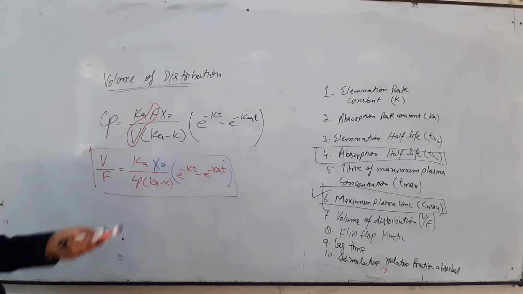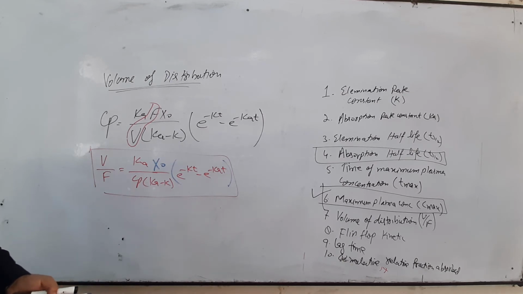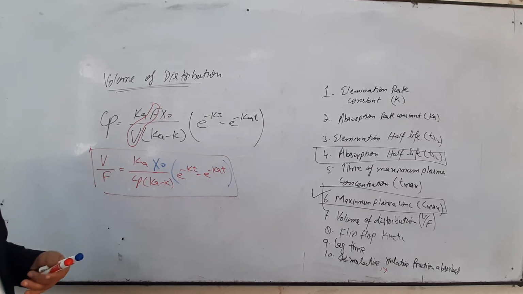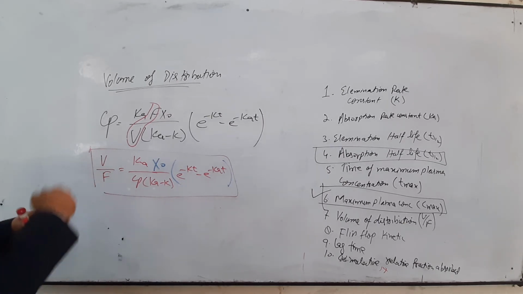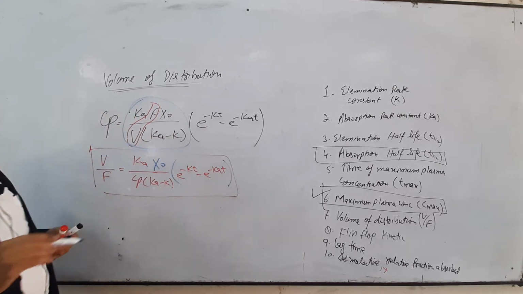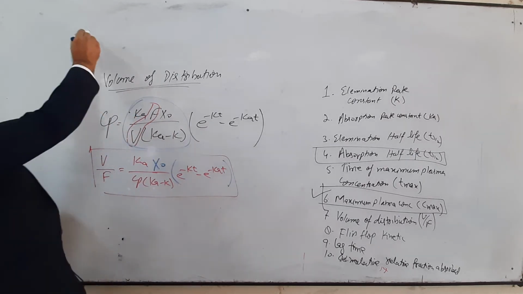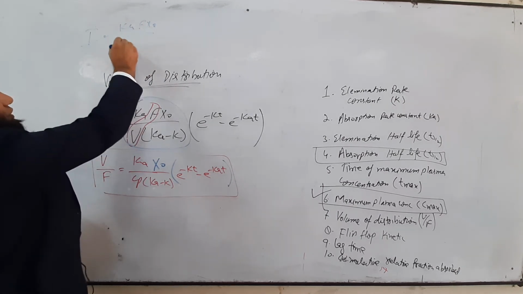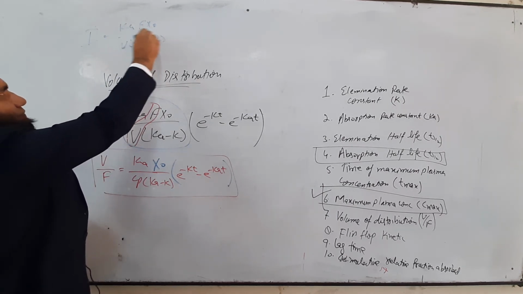Another way: we have another equation which we have used for the intercept. We use the word intercept I, and this intercept is equal to Ka F X naught over V into (Ka minus K).